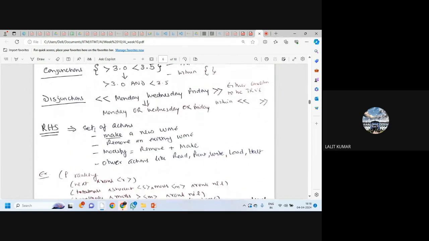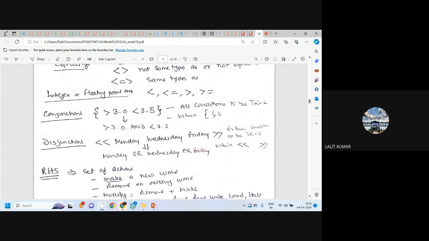Disjunction is enclosed between 2 less than and 2 greater than signs, and it means an or condition, that if any condition is true, then that RHS will take place. So in this example, Monday, Wednesday, Friday means Monday or Wednesday or Friday. So the important thing to remember here is the curly bracket and the two less than and two greater than.